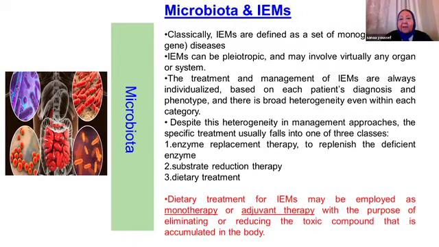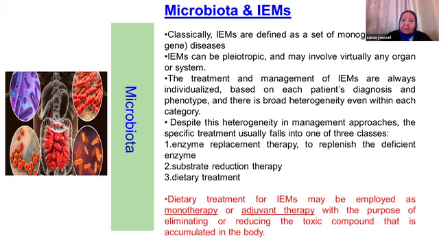Microbiota and inborn errors of metabolism. Classically, inborn errors of metabolism are defined as a set of monogenic, single gene diseases. But it is not always true. We have pleiotropic ones, which means many genes are involved, and they may involve many organs or many systems.